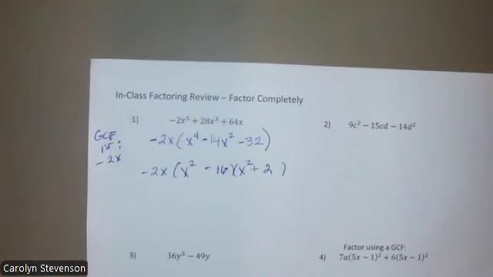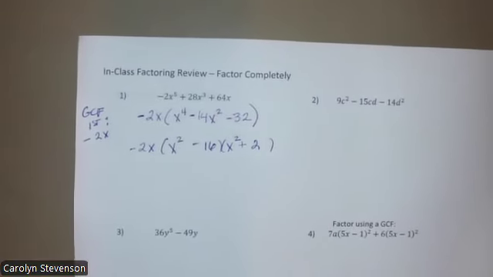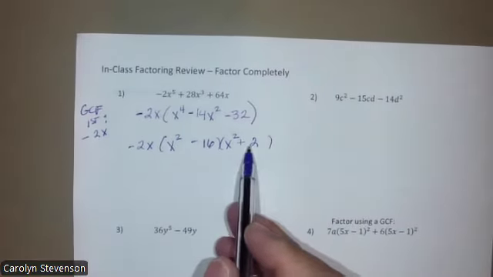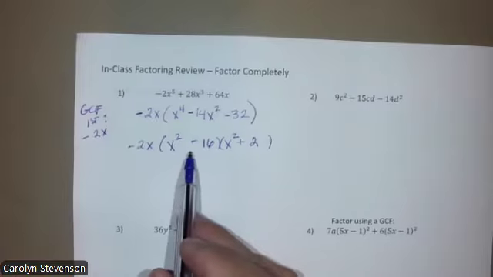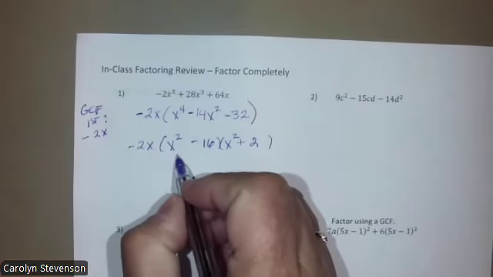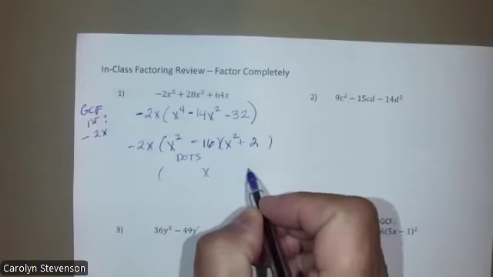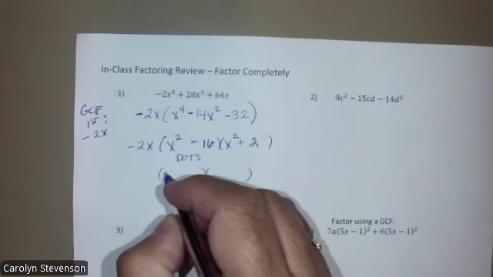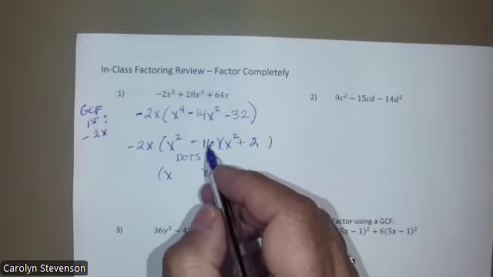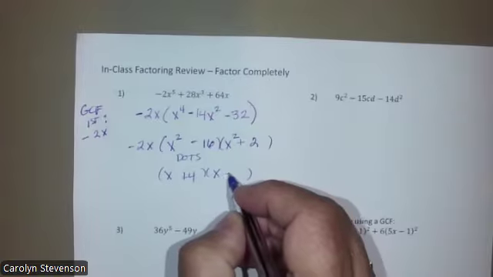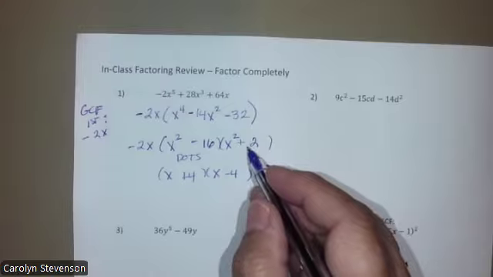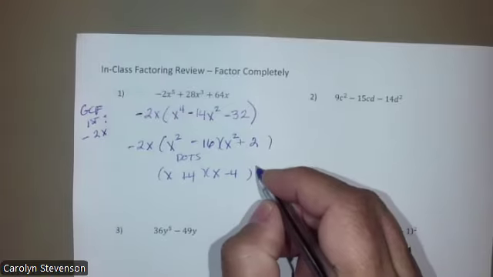Now we want to look at these two answers and see if we could factor further. They're both binomials. This one is considered a difference of two squares. So this one will become two more parentheses, x times x, and then +4 -4. This part is prime.